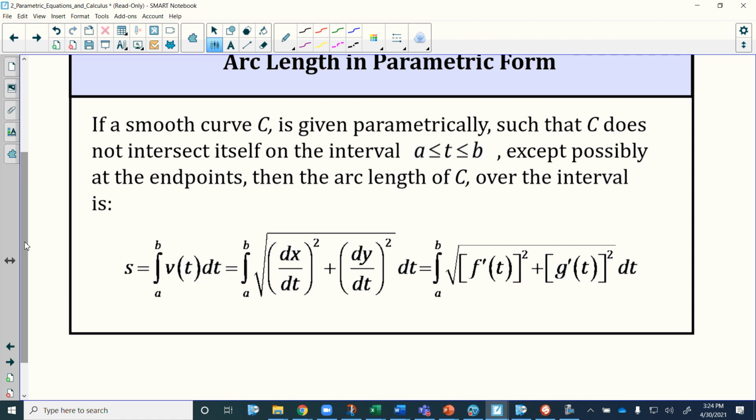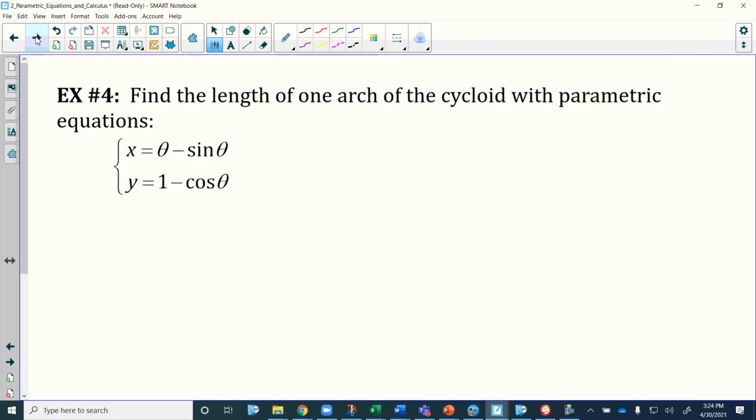And so we ultimately end up with the distance traveled being equal to the definite integral from a to b of the square root of the derivative of f squared plus the derivative of g squared with respect to t. And that is where we come to our next example.